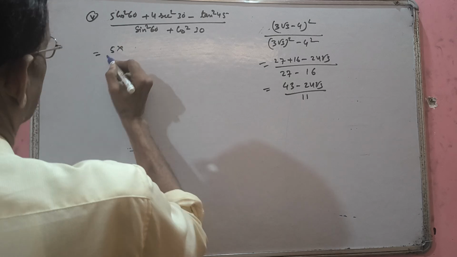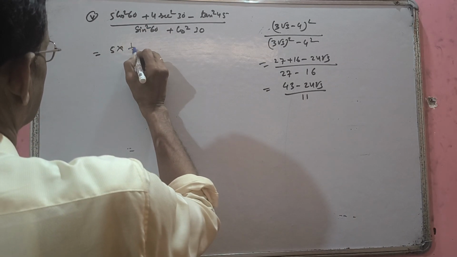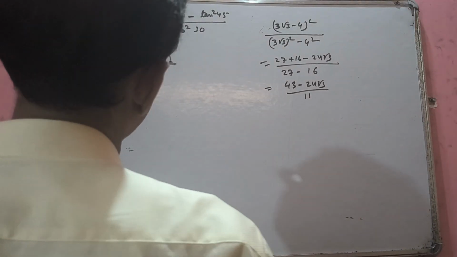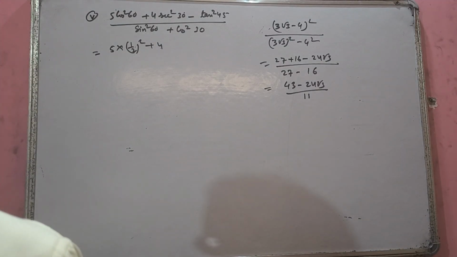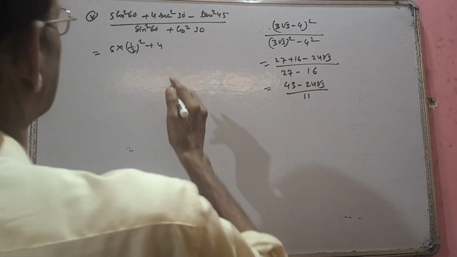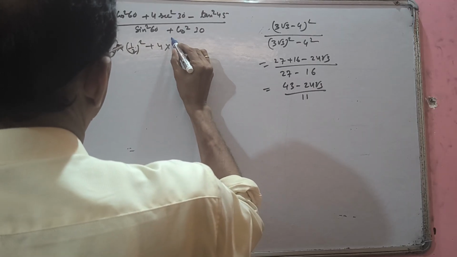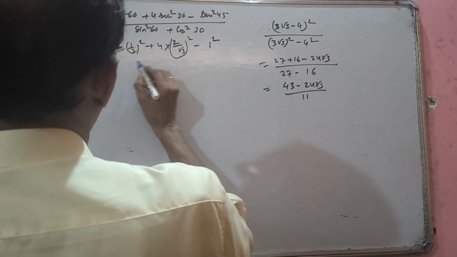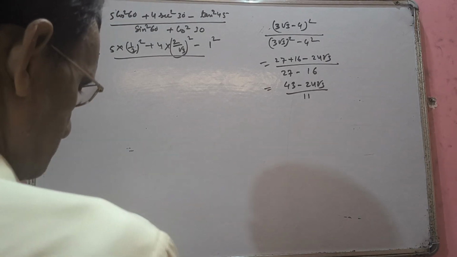So 5 into cos 60° value is 1 by 2, whole square, plus 4 sec 30° value, which is 2 by root 3, and square is given here. So write down 4 into (2 by root 3)², the value of sec 30°, minus tan 45°, which is 1 only, and sin² 60°.